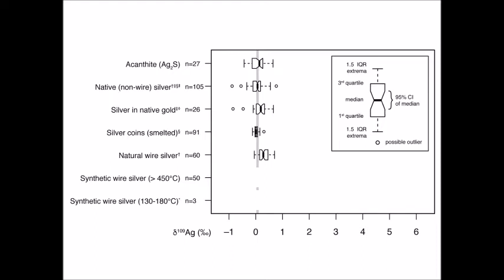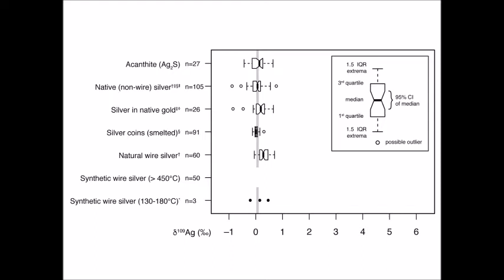Now, more interestingly, is if we compare the results of our synthetic wire silver experiments. Those that were grown by the hydrothermal method at lower temperatures, 130 to 180 degrees Celsius, show similar values to natural wire silvers, although we don't have many analysis points there, so there's not a good comparison.